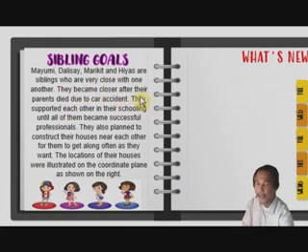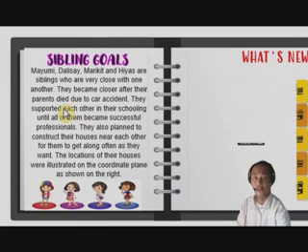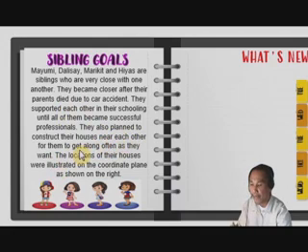They became closer after their parents died due to a car accident. They supported each other in their schooling until all of them became successful professionals. They also planned to construct their houses near each other for them to get along often as they want.